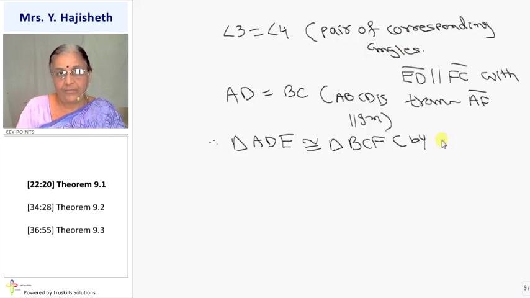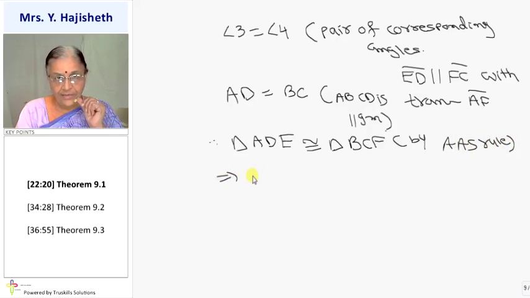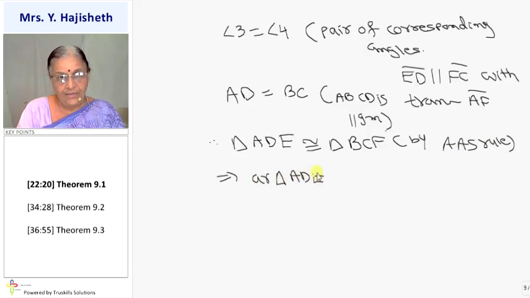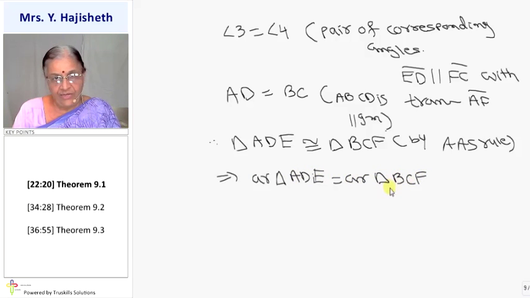Okay, by AAS rule. Therefore we have learned that when triangles are congruent, the area of triangle ADE is equal to the area of triangle BCF. We know congruent triangles have equal area.